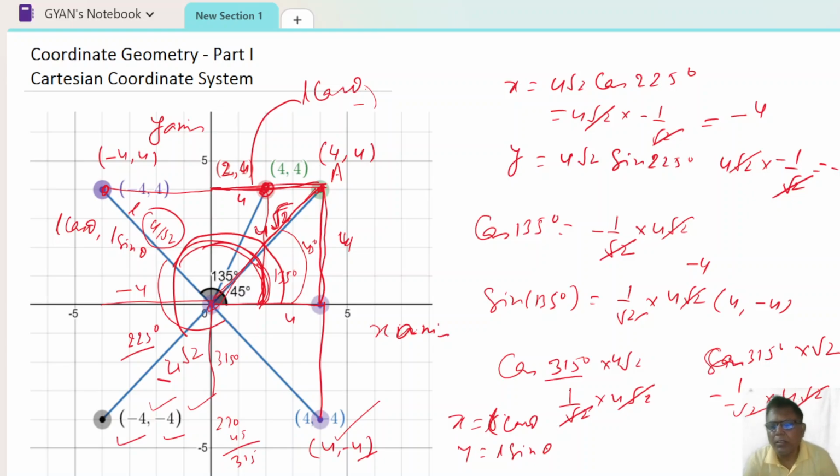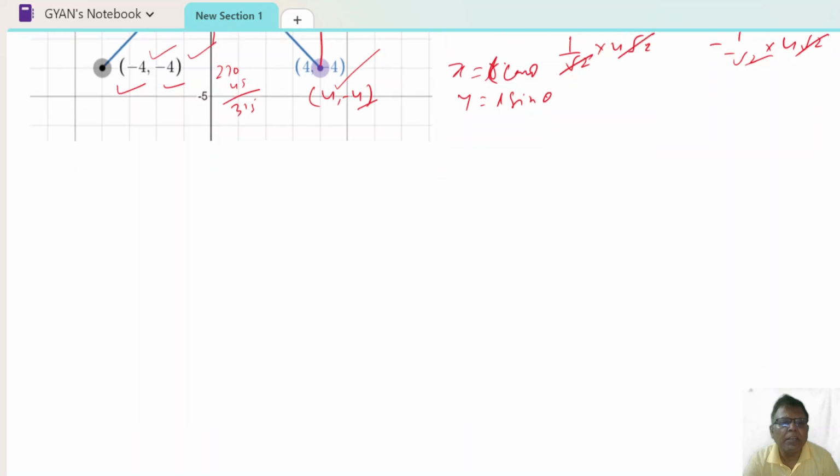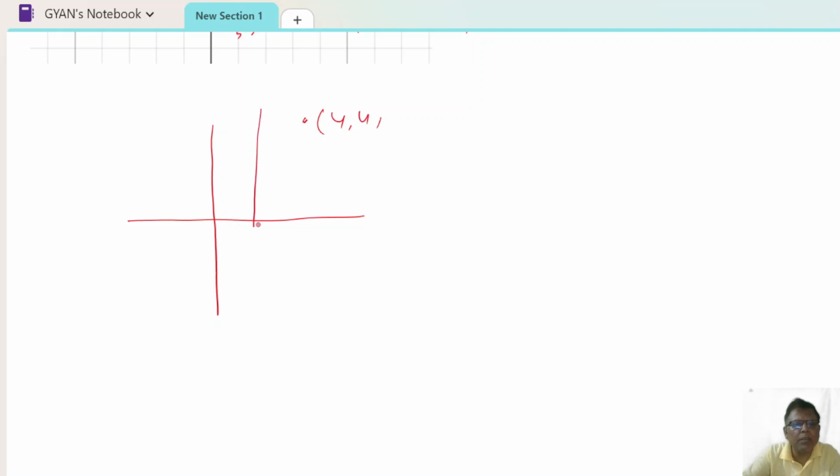Suppose we are transferring the axes. Suppose here the x-axis was there, and some point is there, 4, 4. What will happen if you move the axis by a certain h?